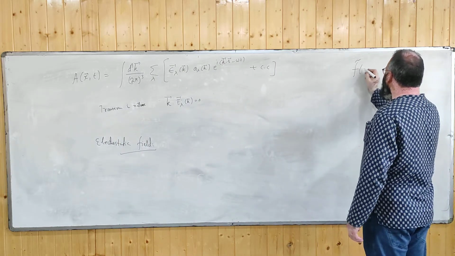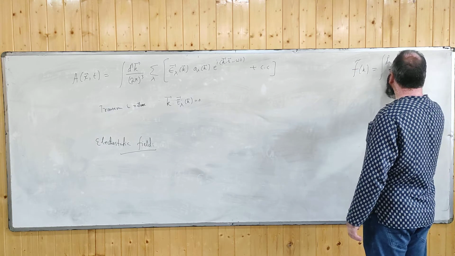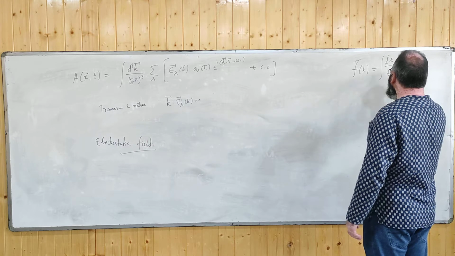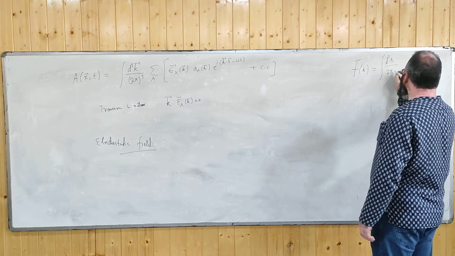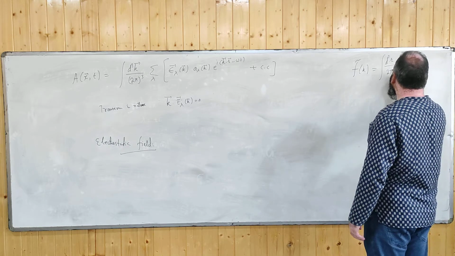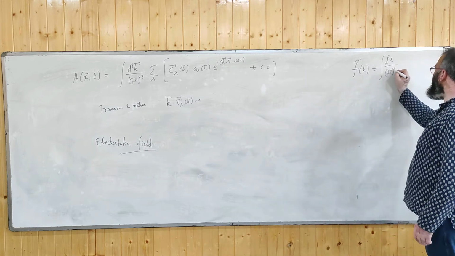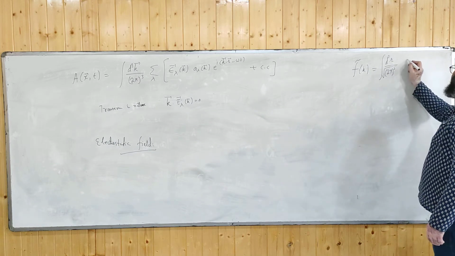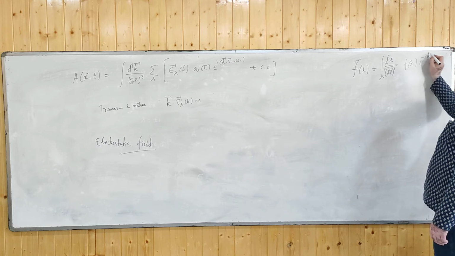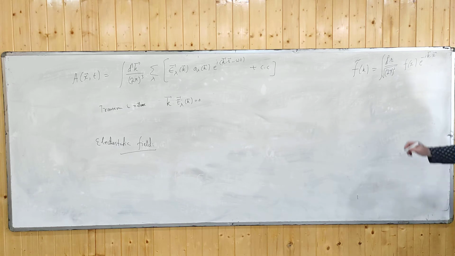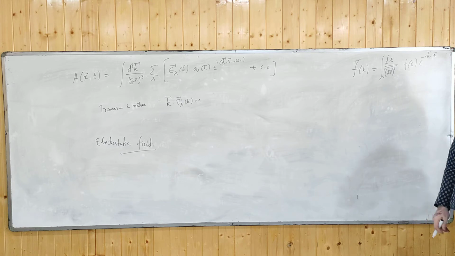You have F tilde of k equal to the integral d3r, divided by, what is the factor, root of 2 pi cubed, then f of r e raised to minus i k dot r. This is the formula you know.